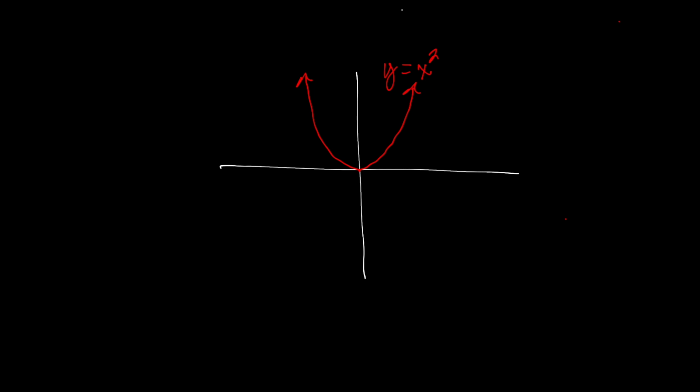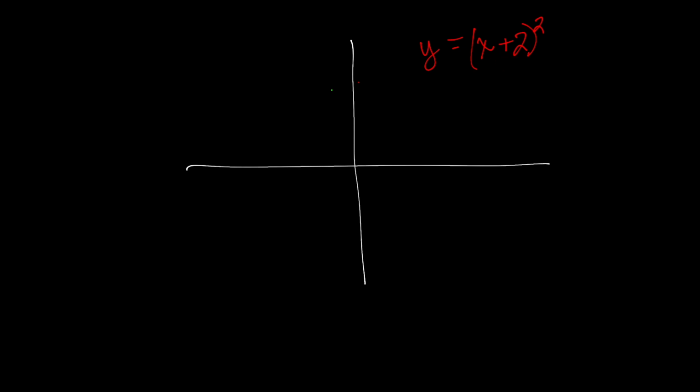So it is important to note that oftentimes a horizontal shrink can look like a vertical stretch. So if I were to multiply the inside of this thing, let me go down one little section, and I'm going to start with y equals (x plus 2) squared.